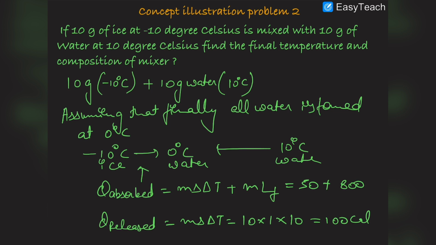calories. So it is not possible for water to completely melt the ice, but you can see that water can bring the ice from minus 10 degrees Celsius to 0 degrees Celsius, because for that process ice requires only 50 calories and water can give 100 calories, which means that 100 minus 50 is the remaining heat, and that remaining heat is utilized in partially melting the ice.